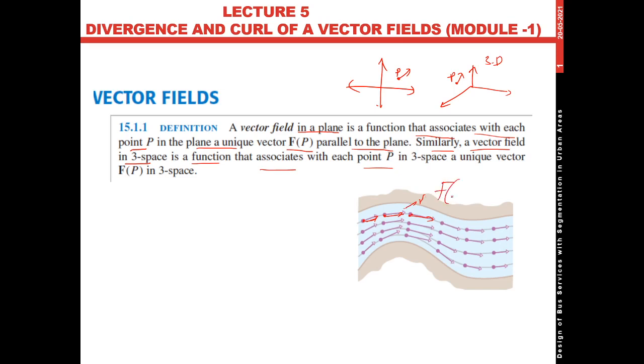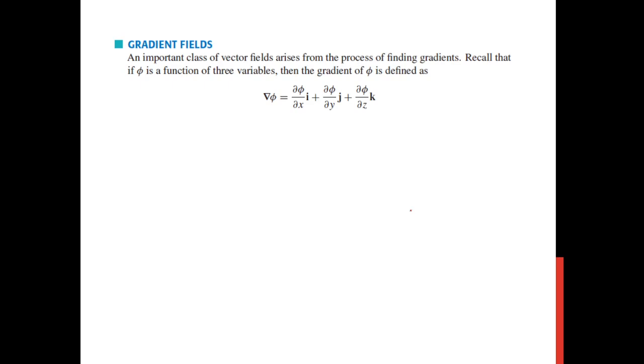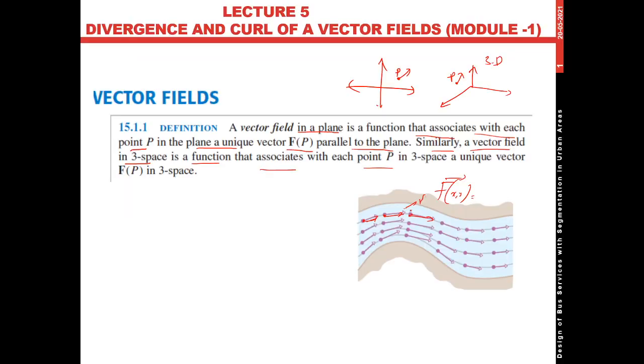Then that field is also a vector field. So the velocity of water flowing through a stream is a real life example of a vector field. Or we can consider the force field, which is also a vector field.